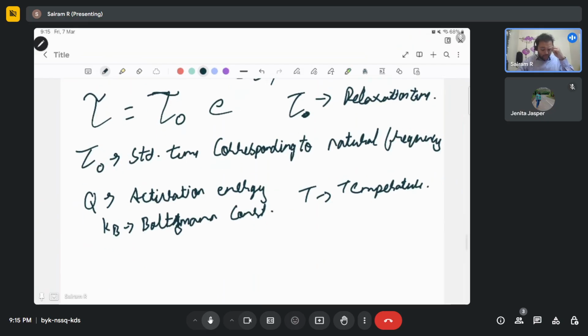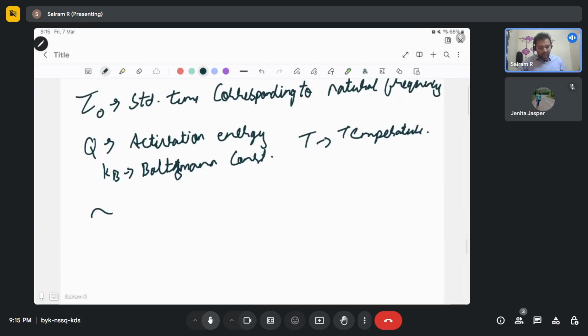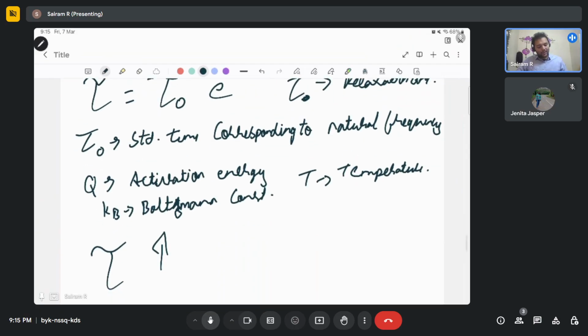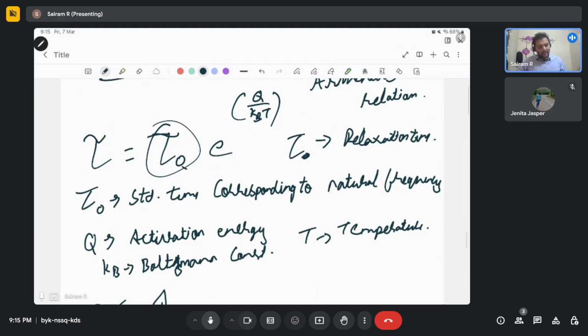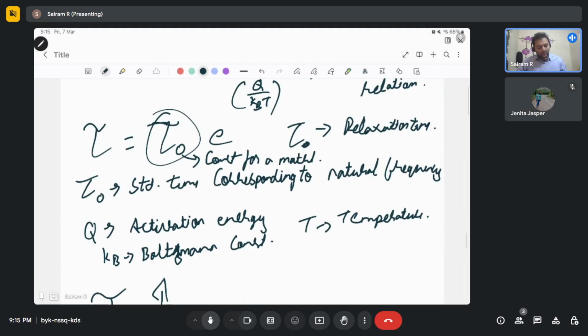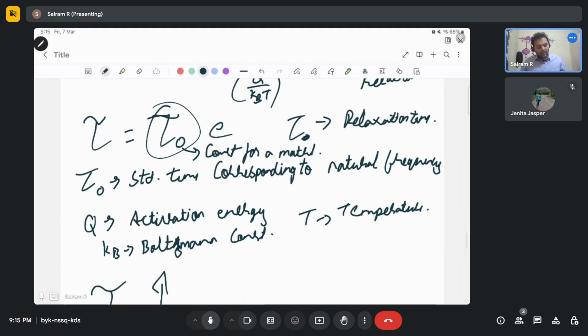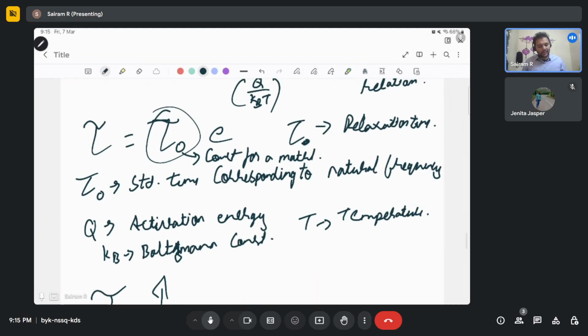If we want to increase the relaxation time, tau naught is going to be constant for a given material. We know that if we want to increase tau, we have to increase the value of this exponent.